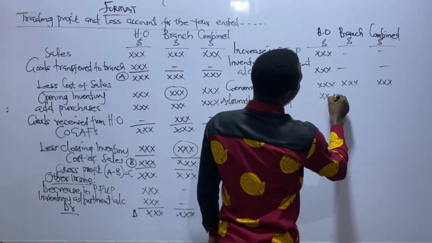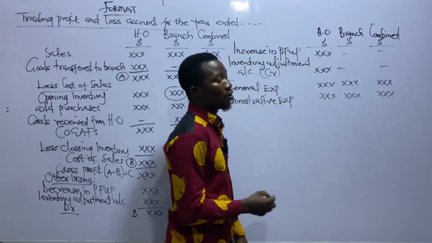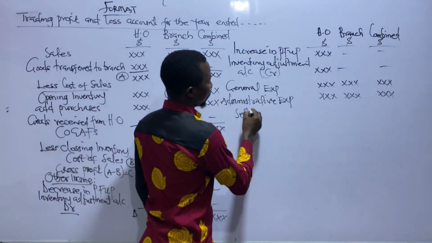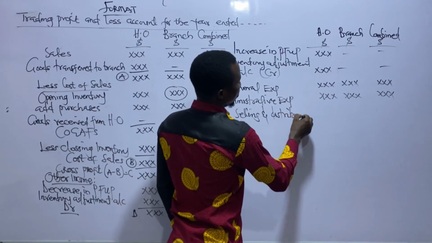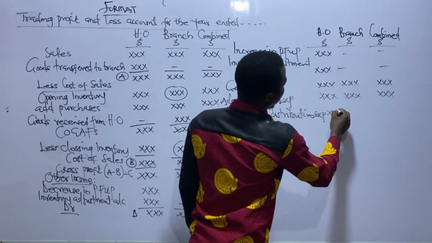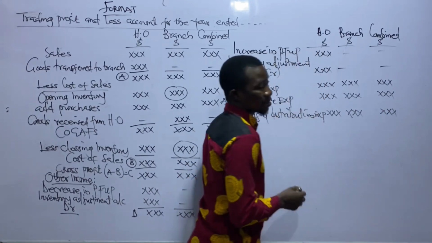It will affect both the head office and the branch, so it will affect the combined as well. Let's say we have selling and distribution expense. It will affect the head office, this, and the combined. I hope this is clear.